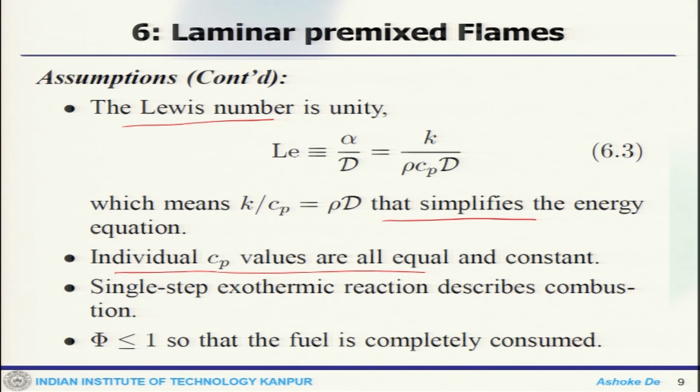Then kinetics is important, because when we talk about the reaction we have to take the kinetics into consideration. This is a single step, already simplified, essentially global kinetics, exothermic reaction, and we take a lean condition, that means the fuel is completely consumed, which is not a rich condition.